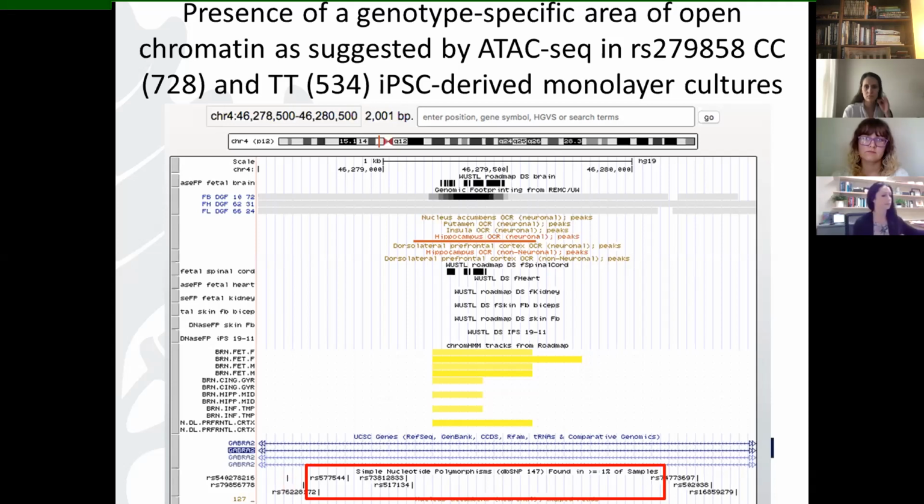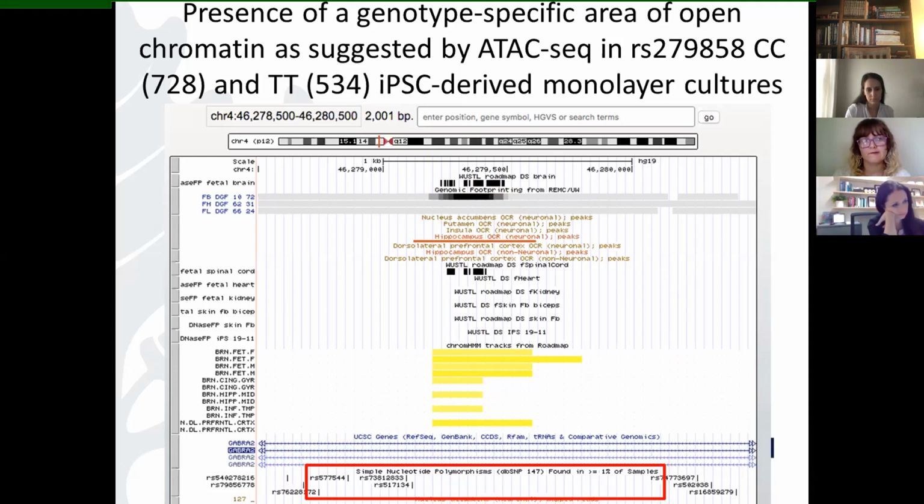We've taken this observation and talked to the genome editing core, and they've generated a 1 kilobase deletion that encompasses this digital genomic footprint, the enhancer-like region, and the SNPs that are in LD with RS279858.